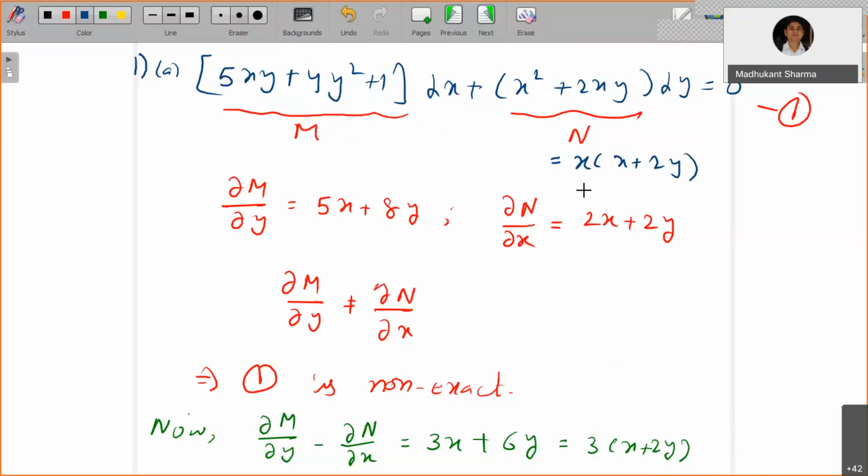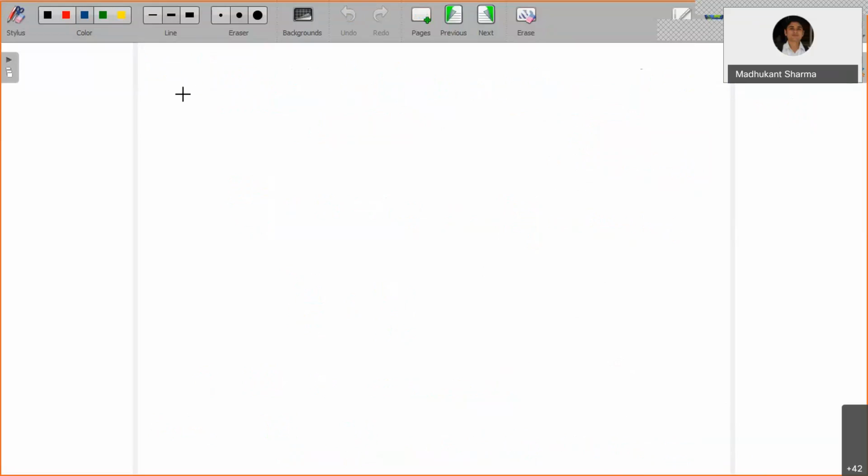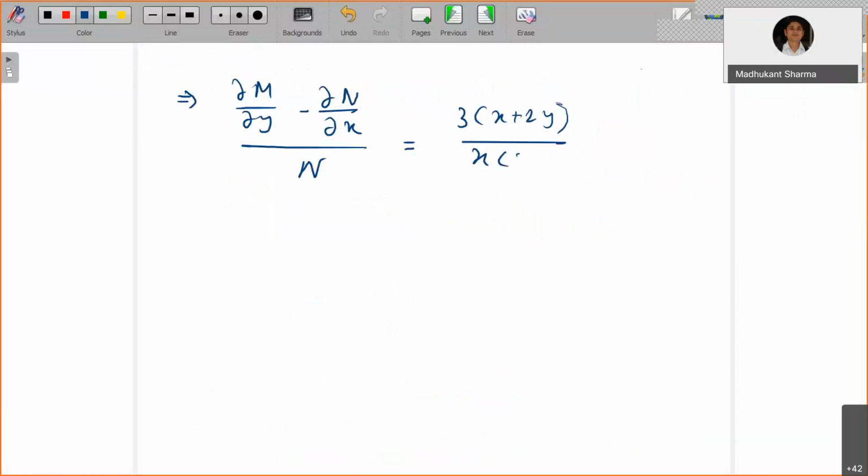When you divide by N, function of x only. So now, dou M by dou y minus dou N by dou x, divided by N, is equal to 3 times (x plus 2y) divided by x times (x plus 2y). That equals 3 by x, which is a function of x only.